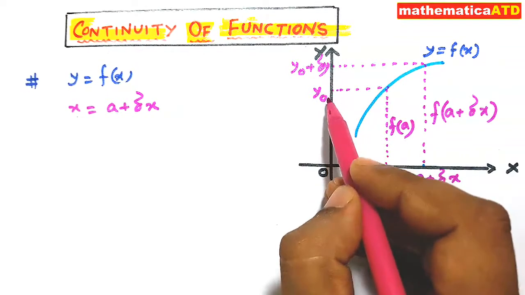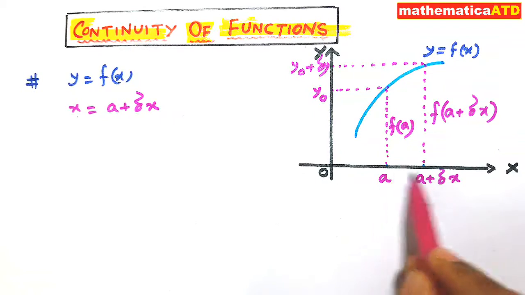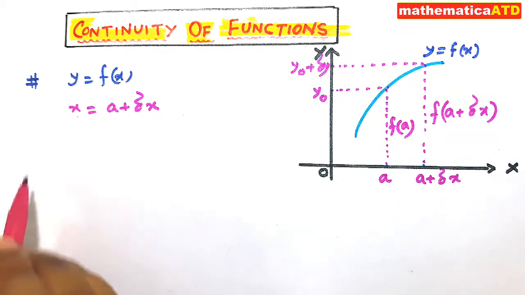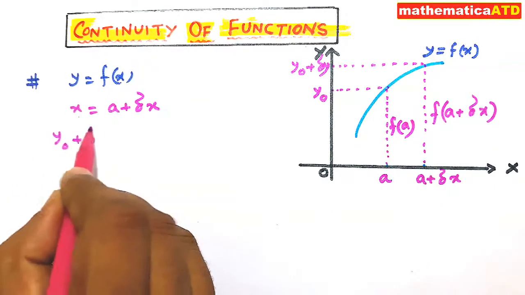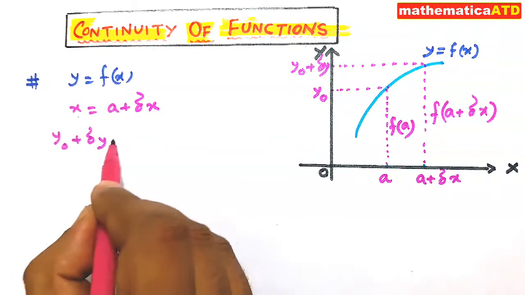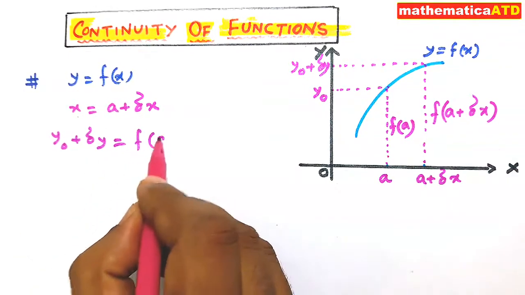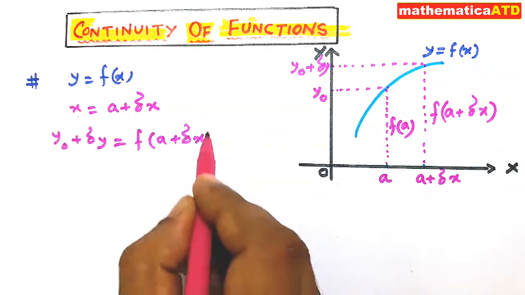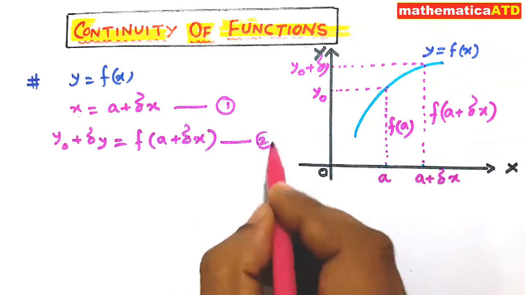Delta y is the increment in y and delta x is the increment in x value. So we find that y0 plus delta y is equal to f(a plus delta x). Mark it 1 and this one as 2.